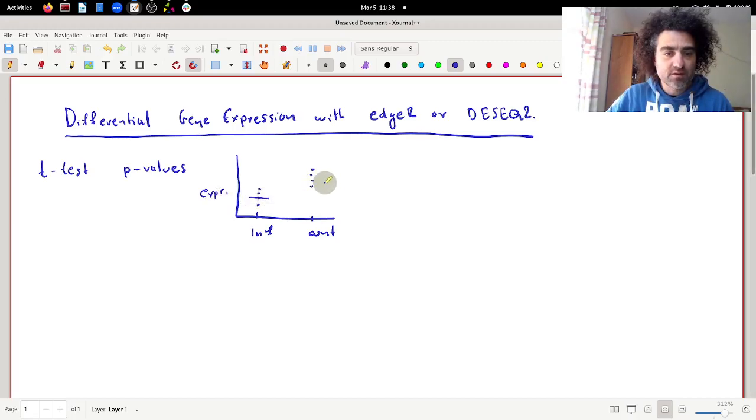Then we can calculate the means and the variances of this sample and this sample, and variances.